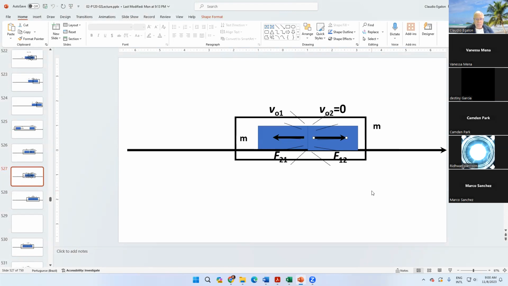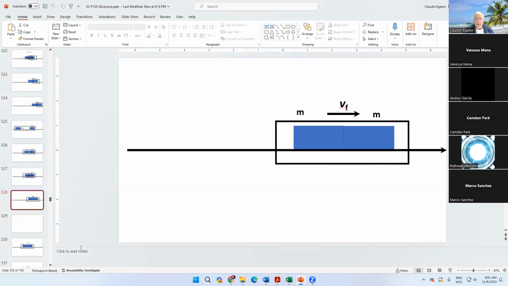Okay? That's a situation that's not so obvious. Imagine how long it took for someone to figure that out. Okay, so after the collision, the two masses move to the right.